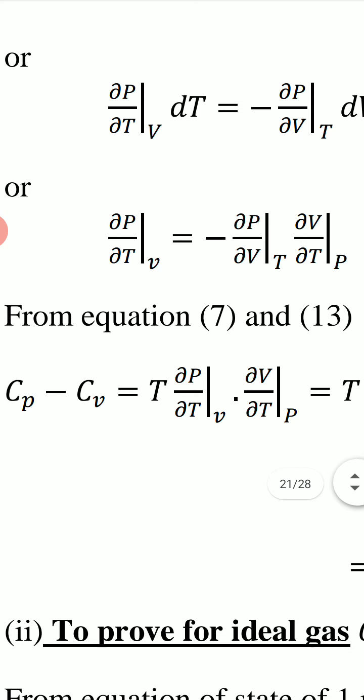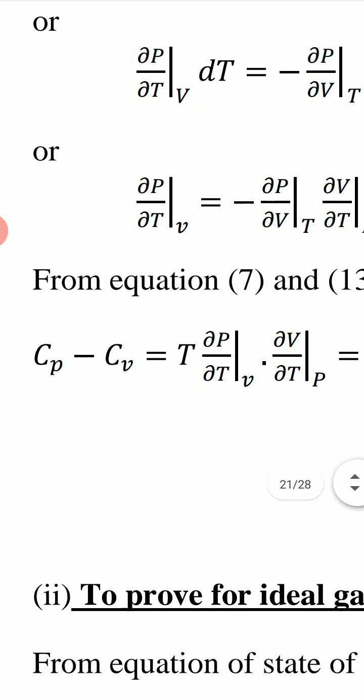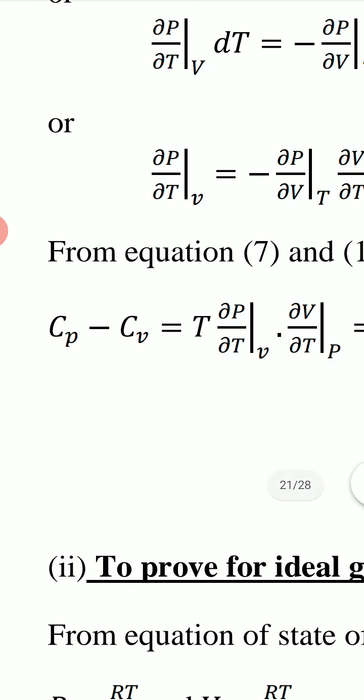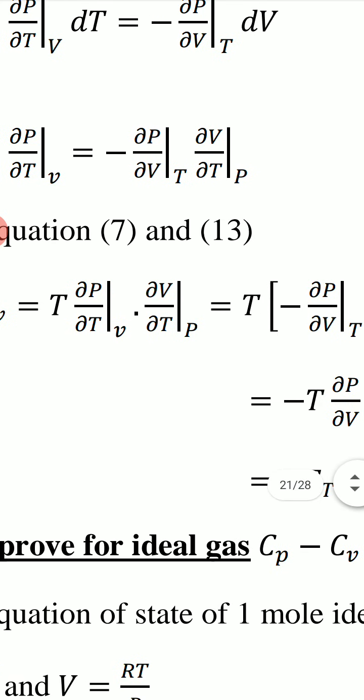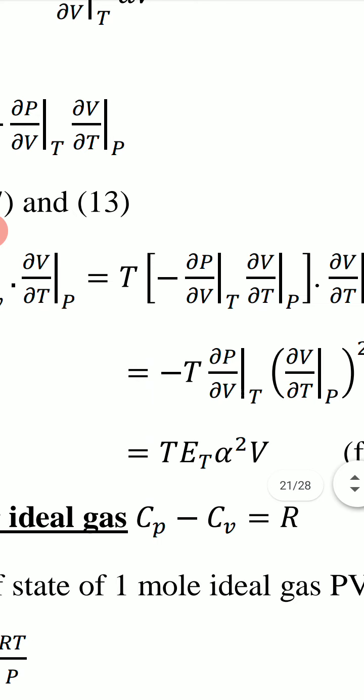Now we have delta P upon delta T at constant V equal to this thing. Put this value in equation 7, where we have Cp minus Cv equal to T delta P upon delta T at constant V into delta V upon delta T at constant P. Put the value of delta P upon delta T at constant V here. This becomes this.